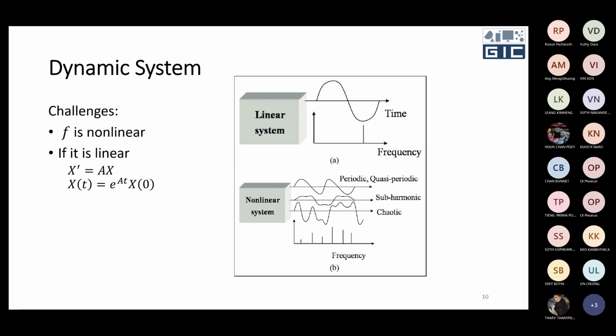You have one state equal to A multiplied by x. That A can be represented by some matrix, or A is a kind of coefficient, or A can be a constant. But when you talk about the dynamic system, A can be 2 or 3 dimensional or higher dimensional.